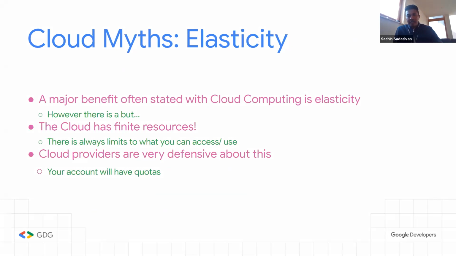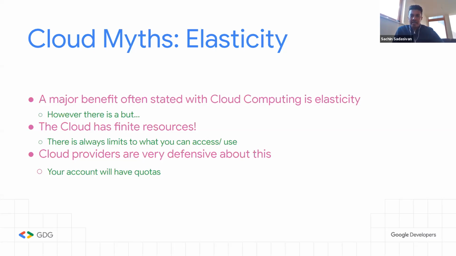While talking about the elasticity, one of the myths about cloud computing is that many a time people think that these resources in the cloud are infinite, which means that you will have these resources available to any extent you would like.